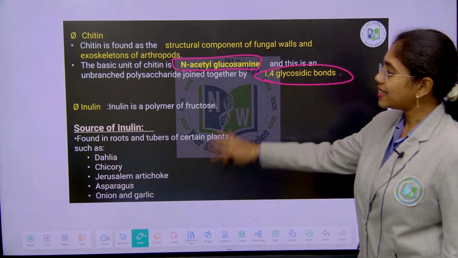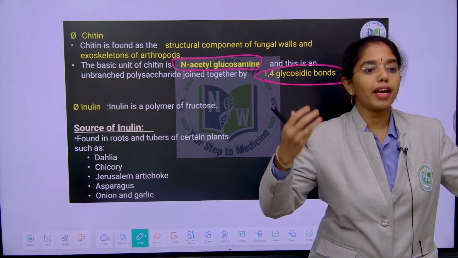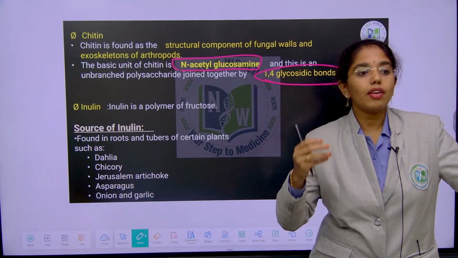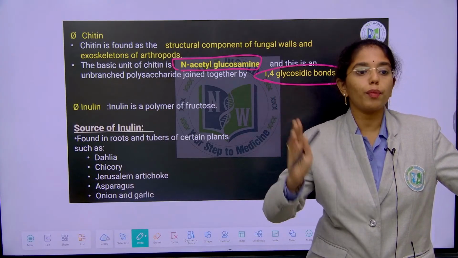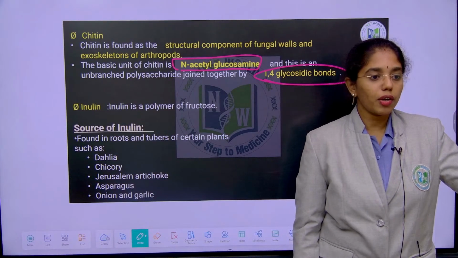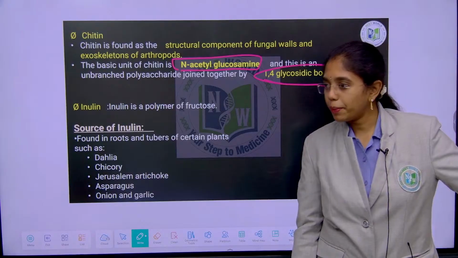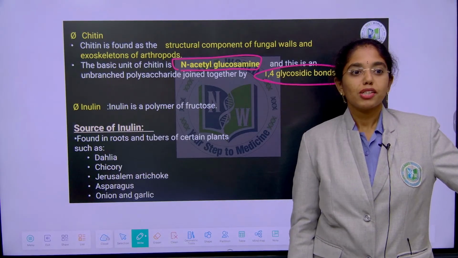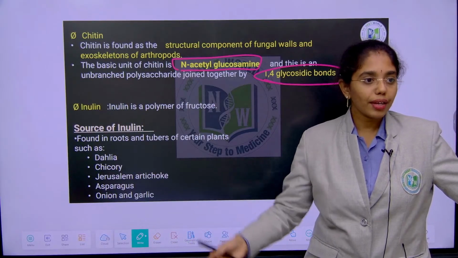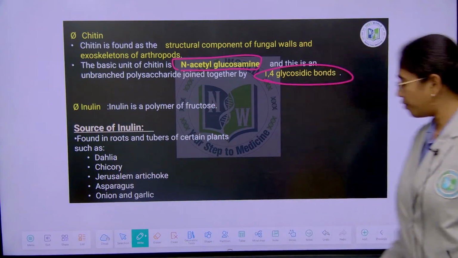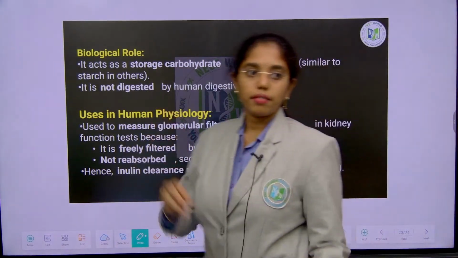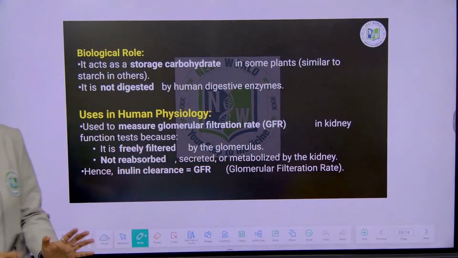This inulin will not be absorbed by the human gut line. So inulin clearance is equal to glomerular filtration rate. Where do you see the glomerulus? Nephron? Remembered? I remember. Okay. So inulin will not be absorbed by the human gut. Inulin clearance is equal to glomerular filtration rate. I didn't expect a question on that connection, but on the safe side, that's all.